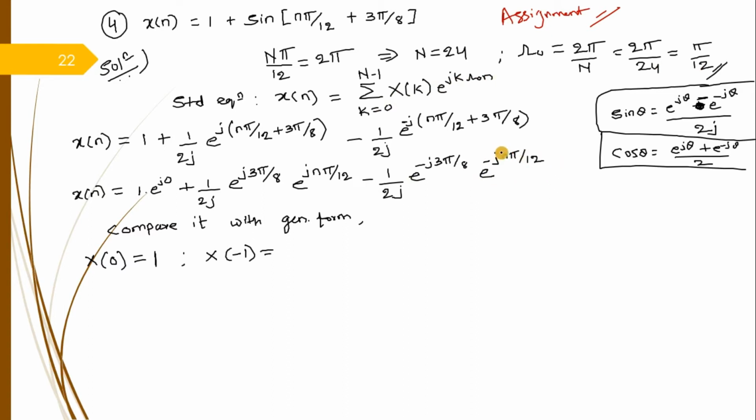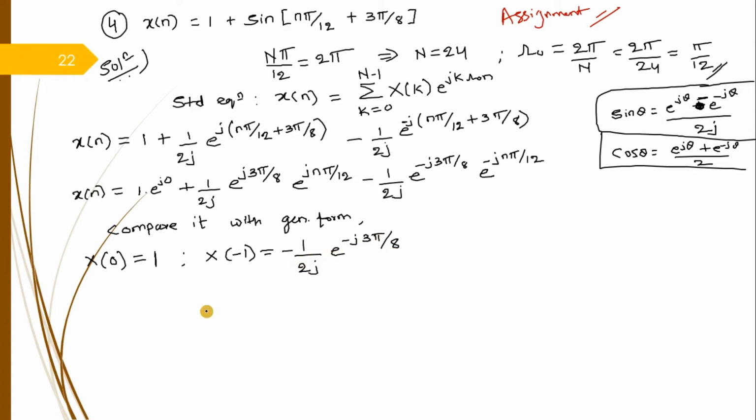This term appears when the k value is minus 1. So whatever weight you have beside it is supposed to be x of minus 1 itself. So x of minus 1 value is minus 1 by 2j e raised to minus j 3 pi by 8.